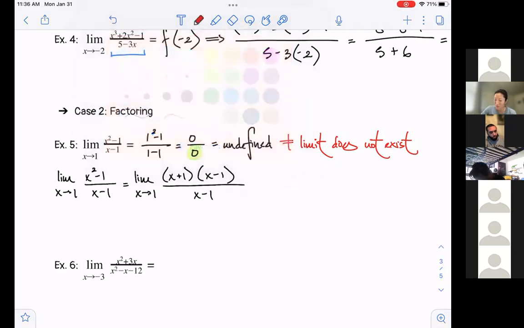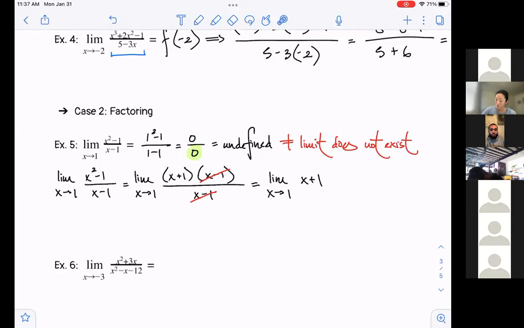Now, check out what we can do. This x plus 1 is fine, but the x minus 1 on the top, we could reduce that with the x minus 1 on the bottom. And then we could write it like this: the limit as x approaches 1 of x plus 1. So we've simplified the problem a little bit.